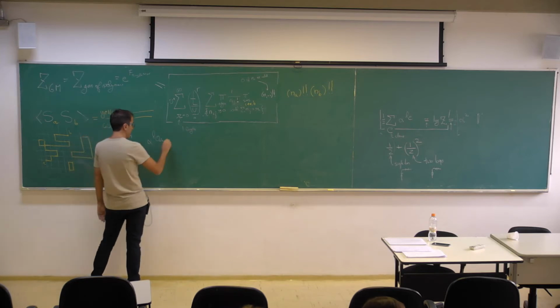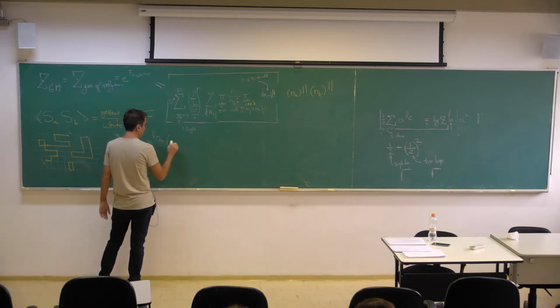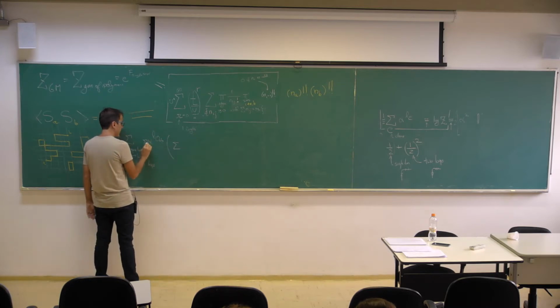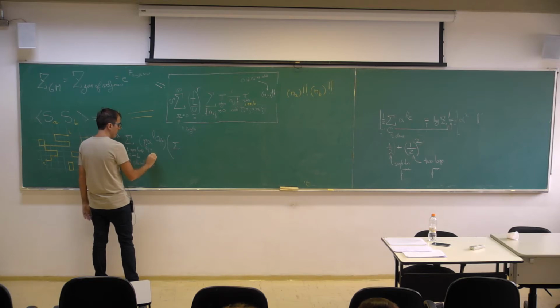And then the closed loop would be the summation, a sum over this length. That's the open loop, L of open AB.